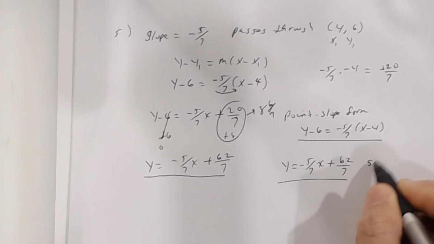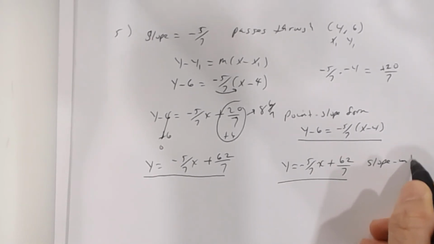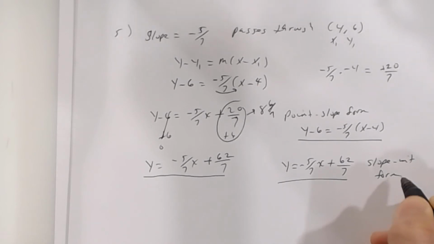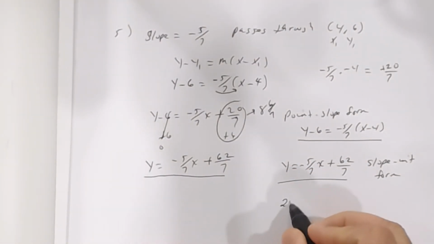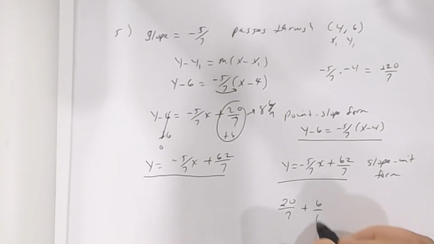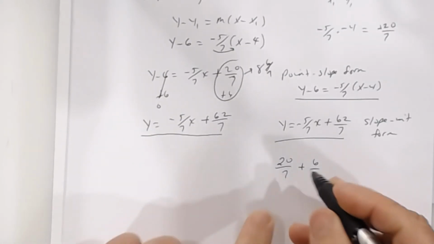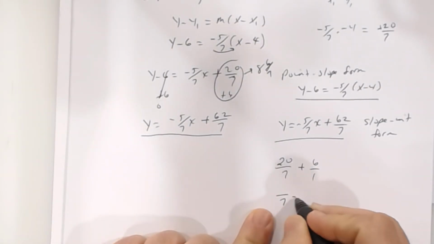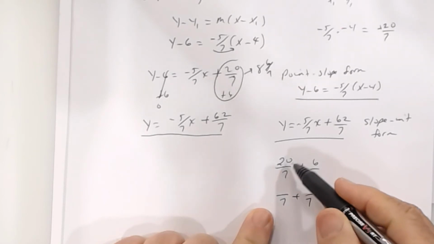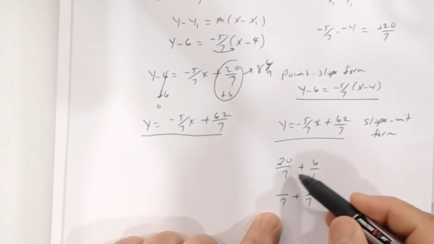Okay, so that's slope-intercept form. Are there any questions? Now, if you want to do this by hand, if you didn't have access to your calculator, at this point you would have said 20 over 7 plus 6 over 1. What's the LCD? 7. So you're going to write equivalent fractions with 7 as the denominator.